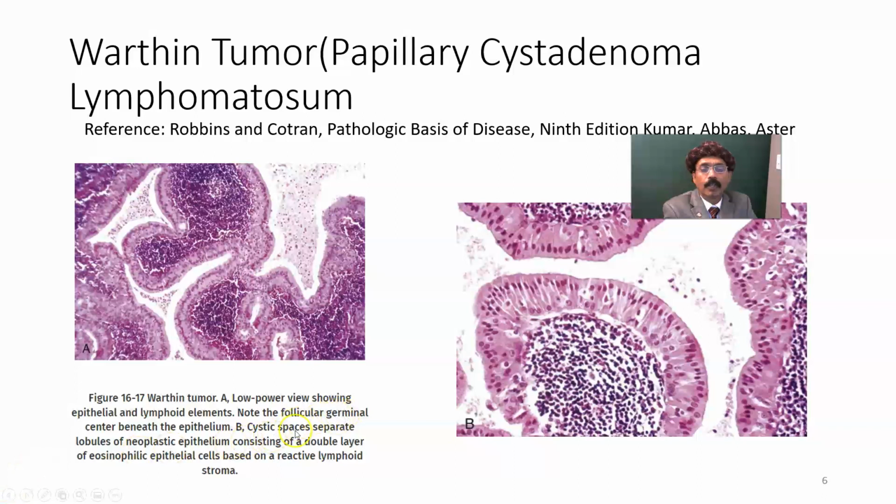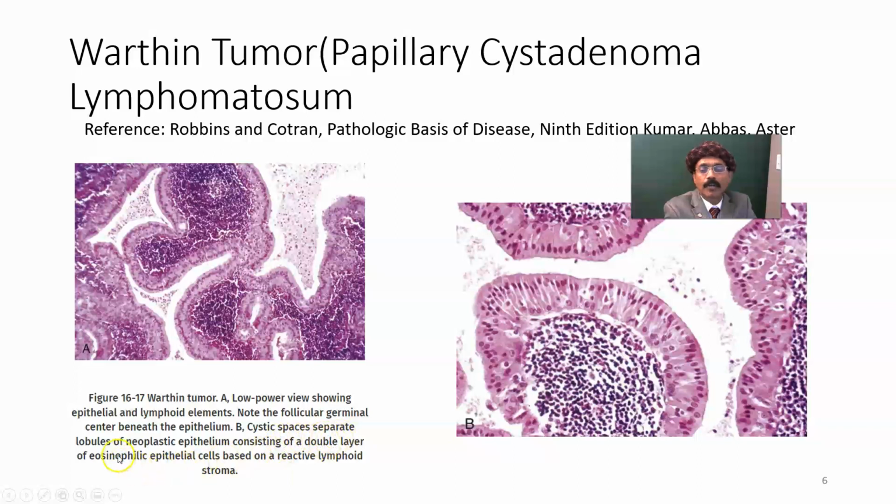We see follicular germinal centers beneath the epithelium. Here we have the germinal center. This is lymphoid tissue, and here is the double-layered epithelial tissue, which is eosinophilic.